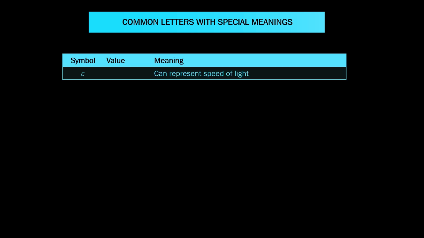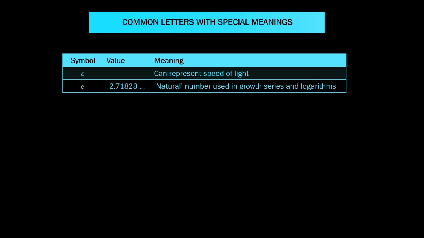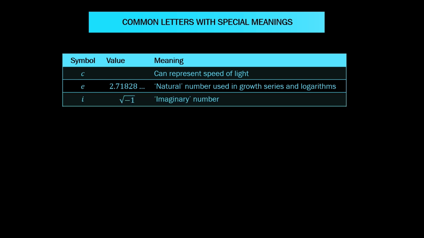We now take a look at some common letters with special meanings. The symbol C can represent the speed of light. The symbol E is the natural number used in growth series and logarithms and is approximately 2.71828 and so on. The symbol I is root minus 1 and is called the imaginary number.